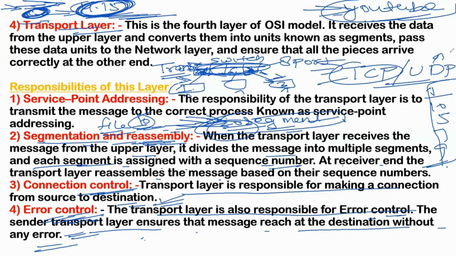We have UDP also. UDP is connectionless. Suppose we have Zoom or any video call software, it can be WhatsApp video call or any other. It is related to the UDP protocol. Suppose my internet connection shuts down. Then in Zoom, you will not be able to connect at the same time.